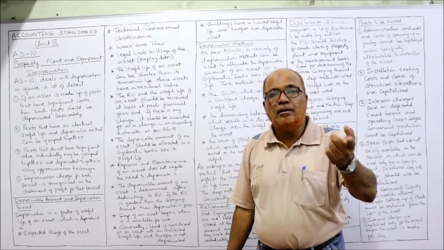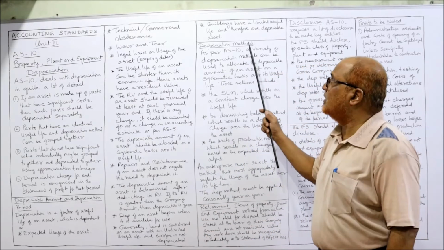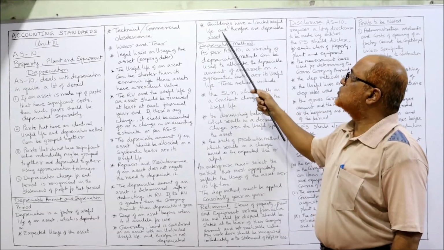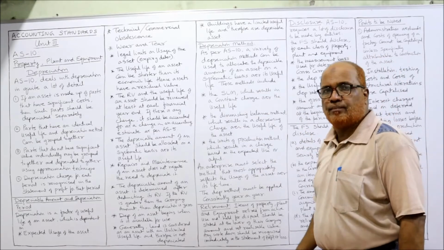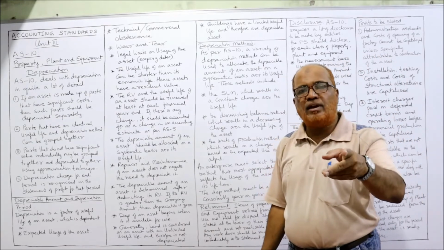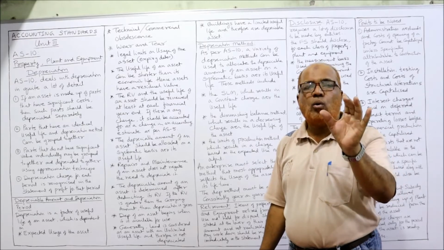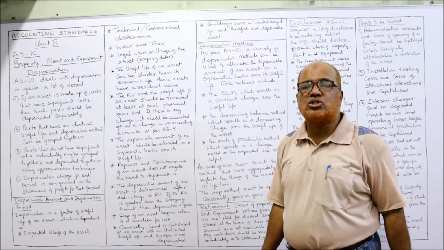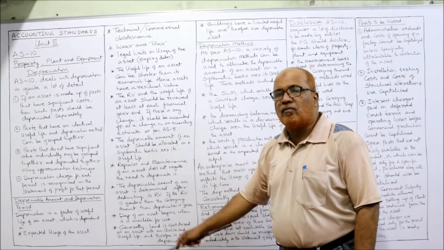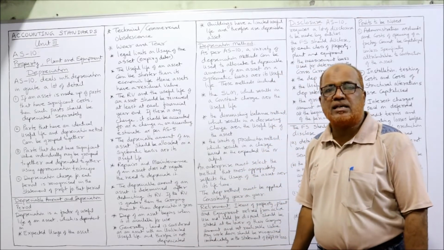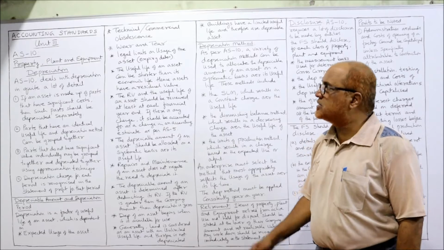Buildings are depreciable assets. Buildings have a limited useful life and therefore are depreciable. If land and building are given, we can provide depreciation on the building. But if only land is given, no depreciation is allowed. So these are the provisions given under AS 10 regarding depreciation.